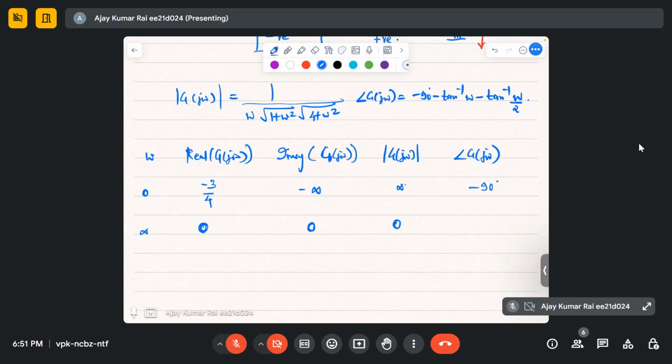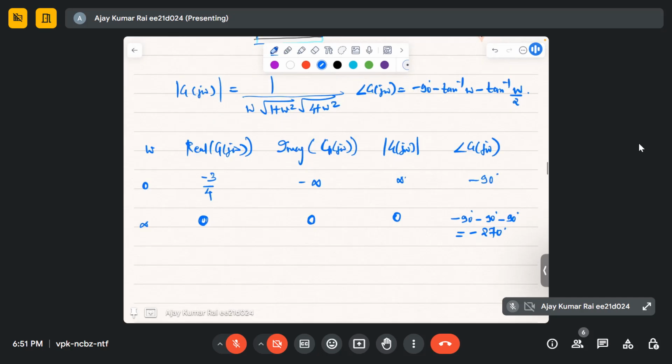Interesting part is the phase: minus 90, minus tan inverse of infinity, again 90, and minus tan inverse of infinity by 2. So this will be 270 degree.